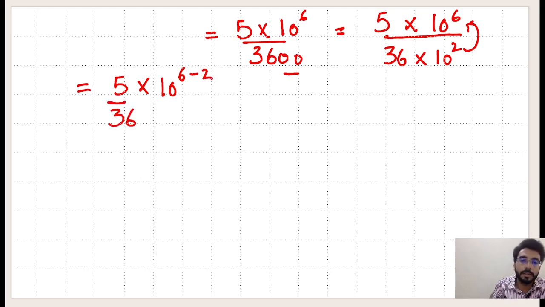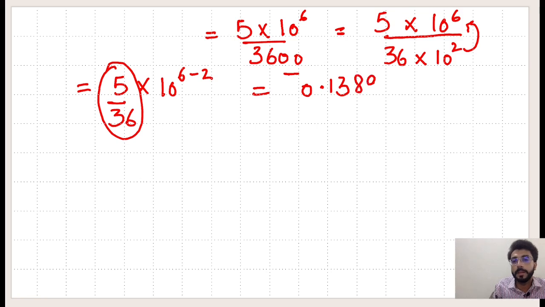Now after dividing these two numbers 5 by 36, you will get the answer 0.1389 into 10 raised to power 4 hours.